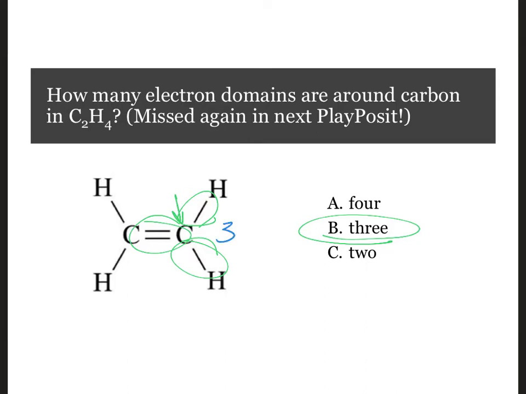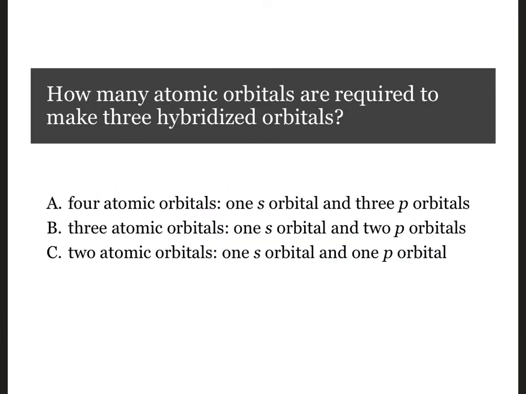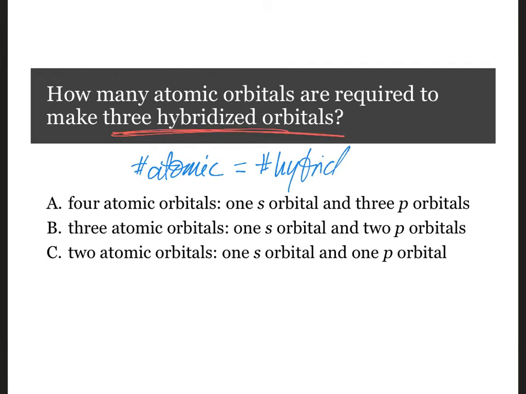Because we have those 3 electron groups, we know we need 3 hybrid orbitals to be formed. How many atomic orbitals are required to make 3 hybridized orbitals? It's important to realize that the number of atomic orbitals that you put in equals the number of hybrid orbitals that you get out. So if you need 3 hybridized orbitals, you better put in 3 atomic orbitals. So B was the best answer there.